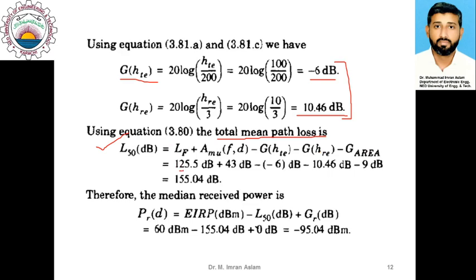LF is 125 dB, AMU, the median attenuation, is 43 dB, GHTE is minus 6 dB, GHRE is 10.46 dB, and G area is minus 9, and you get a total value of 155.04 dB as the total loss occurring because of this environment.